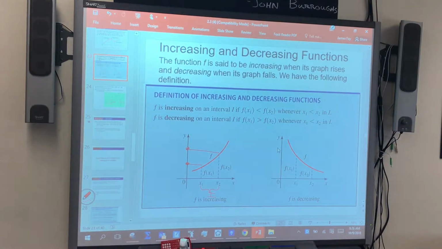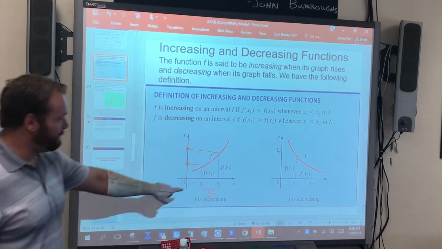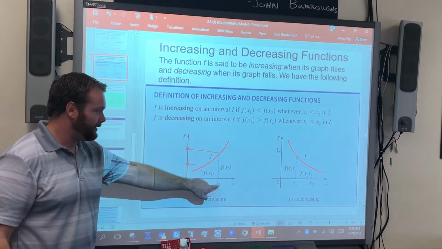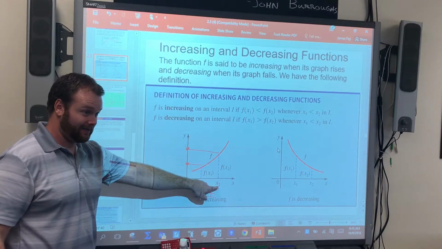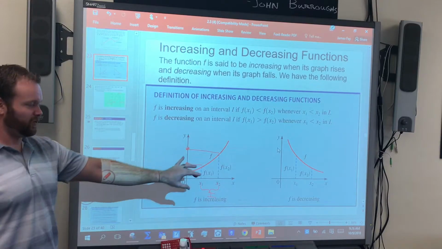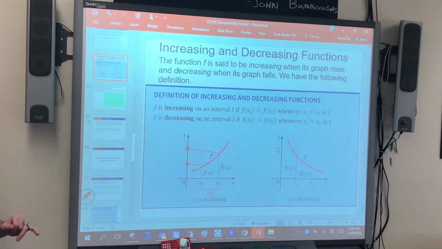The y value produced by f of x sub 1 is less than the y value produced at f of x sub 2, okay? If that's the case, when x sub 1 is less than x sub 2. So when my first input is to the left of my second input. Does that make sense? Okay. Because if those were flipped, it would change the behavior of the graph.